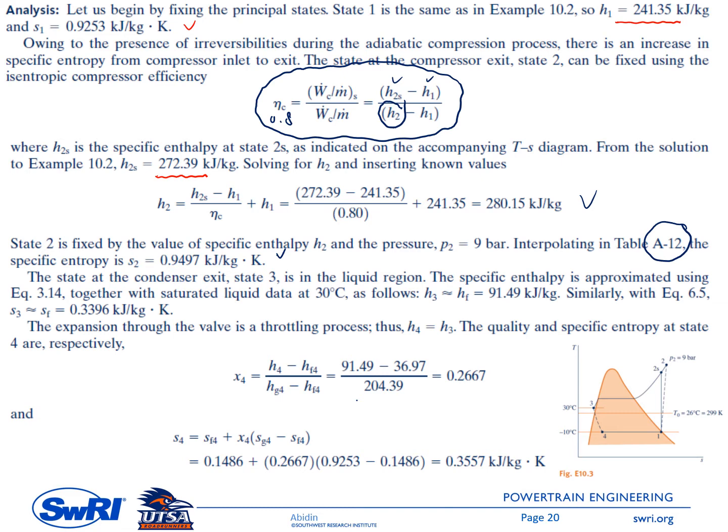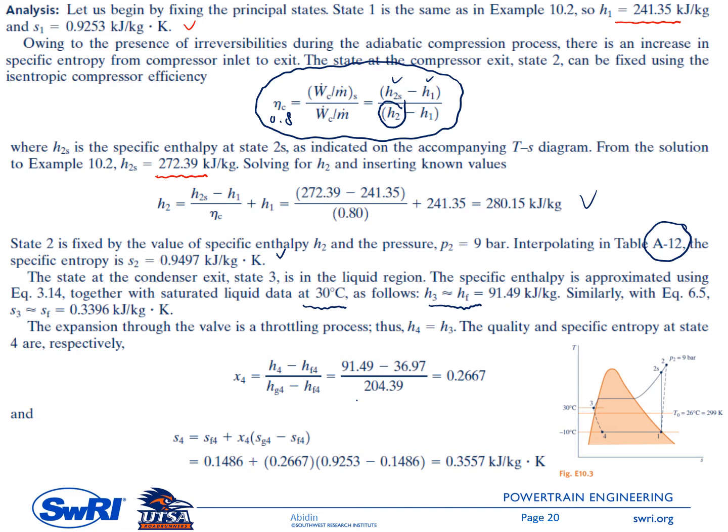Then state 3, which is in the liquid region. In this case, you can approximate the enthalpy at point 3 as HF, so H3 is about HF at 30 degrees C, which is 91.49 kilojoule per kilogram.